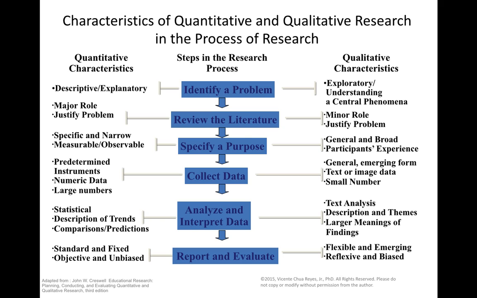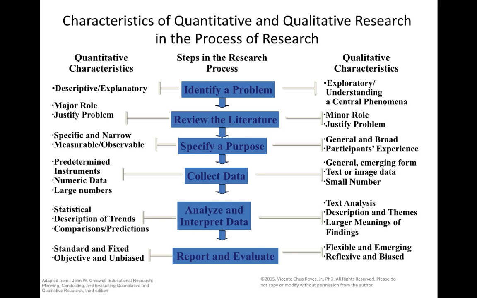For qualitative characteristics, on the other hand, when we take a look at problem identification, it's exploratory. The purpose is to understand a central phenomenon. The literature review does not play that big a role; it plays a minor role. It can also be used to justify a problem. Specifying a purpose, it's general and broad, and we value the participant's experience in a qualitative approach. In collecting data, it's general, with emerging form.